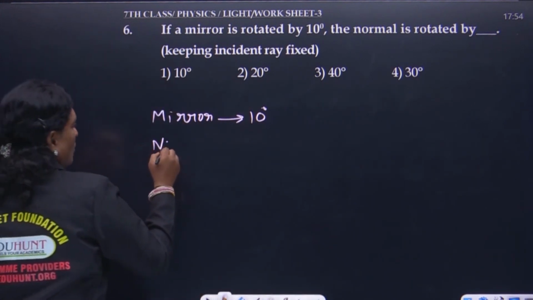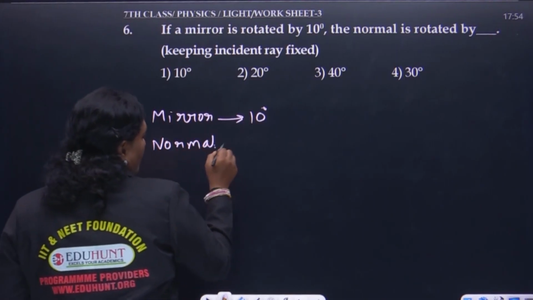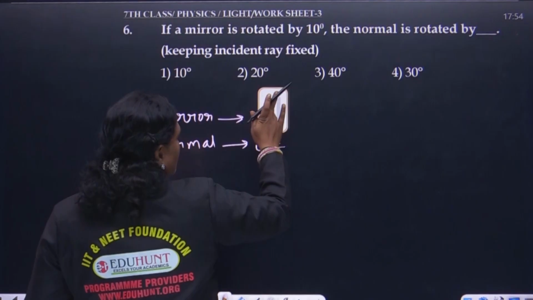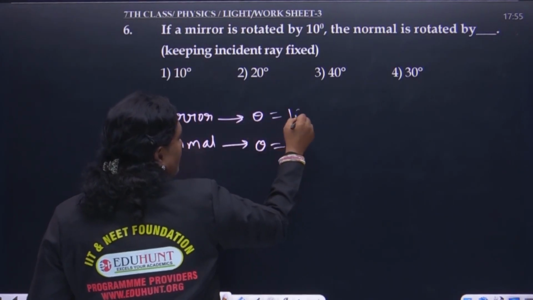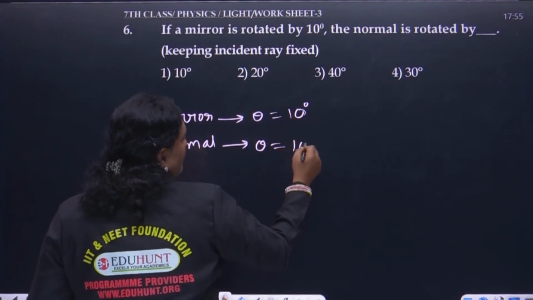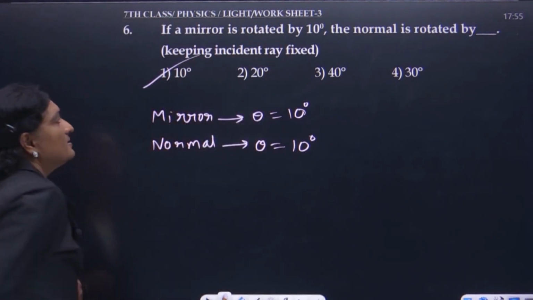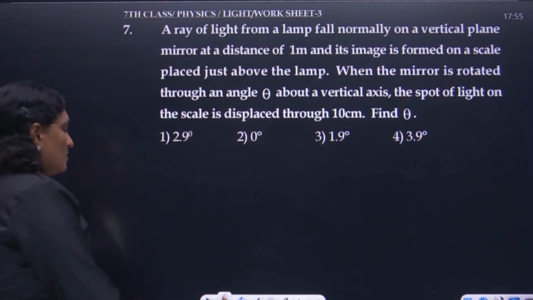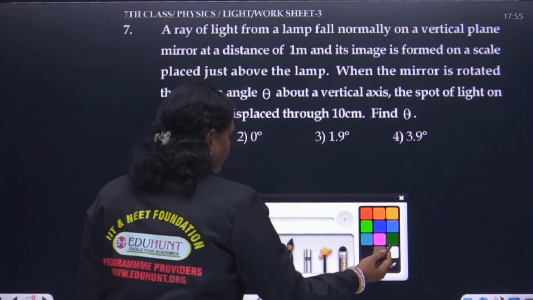So the normal rotates by theta only. This is given as 10 degrees, so this will also be equal to 10 degrees. Hence, the correct option is option 1. Moving ahead with the next question, question number 7.